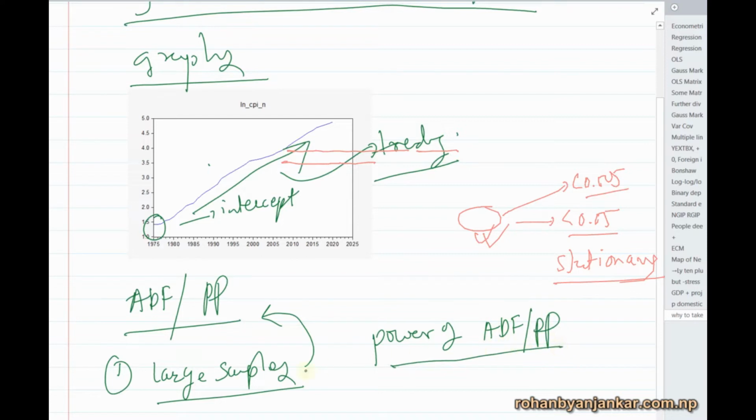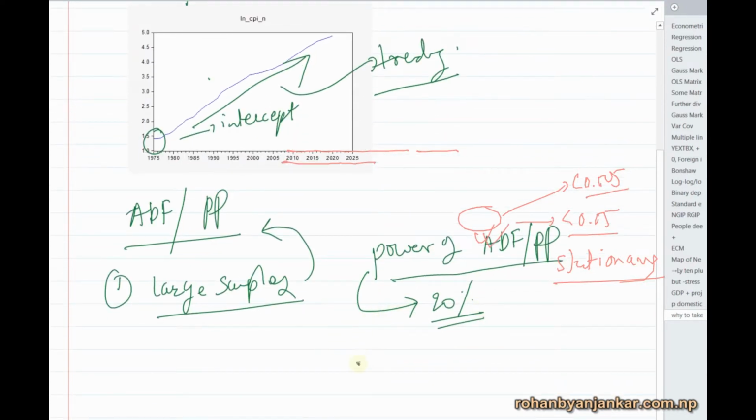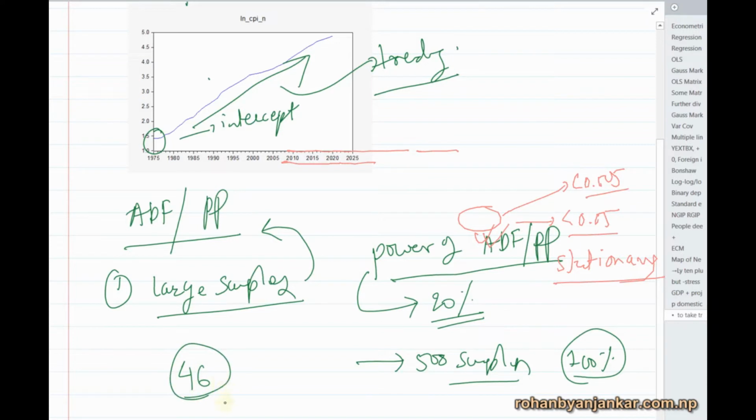This power decreases with the decrease in the sample size, and may decrease by 20% or more if our sample size is small. We need at least 500 samples to achieve 100% power from the ADF test, but our sample size is only 46, so the power may not be up to 100% in our case. So we must check the correlogram, the graph, and the unit root test, so that we can confirm our result.